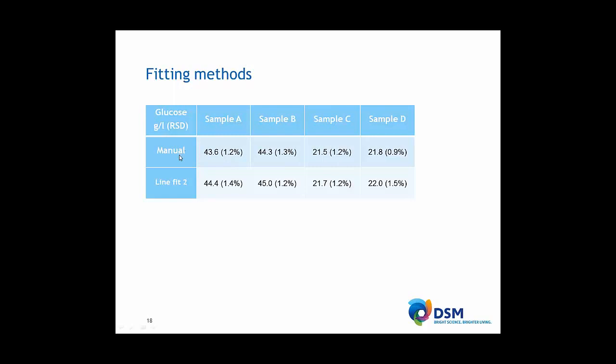So when comparing these fitting methods, the manual processing and the line fitting at the second, these show very much comparable results. Statistically, you cannot pull these apart.